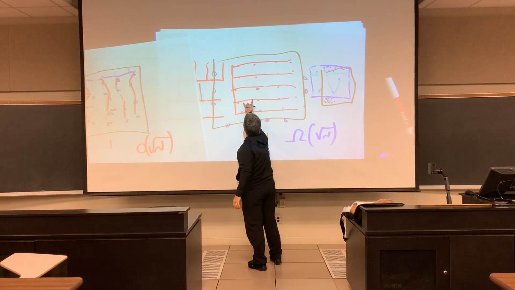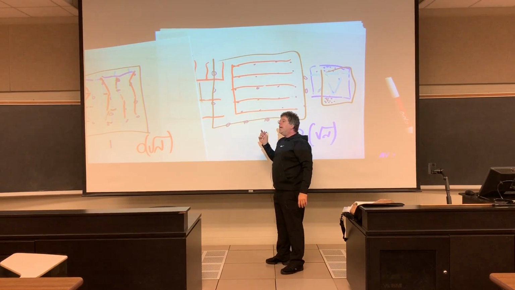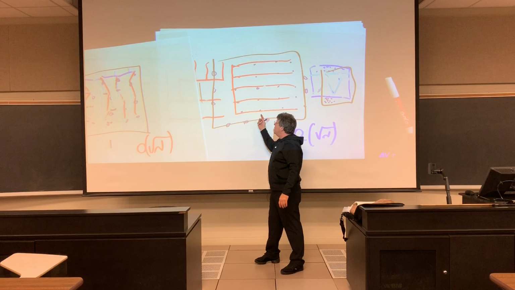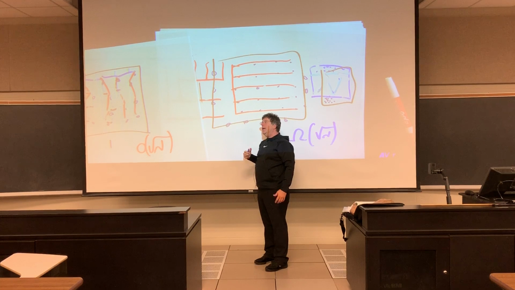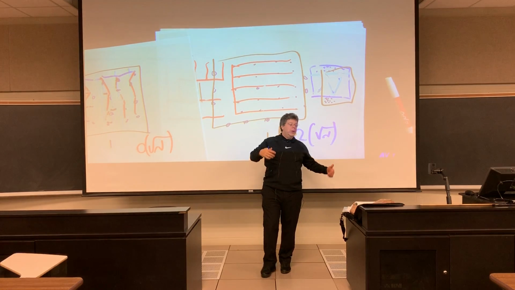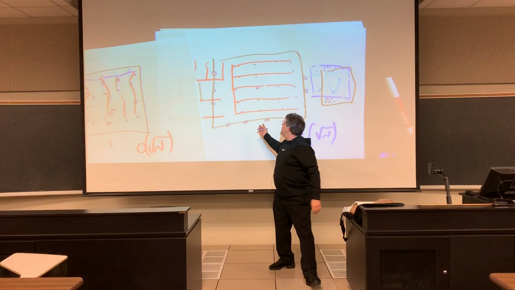So each one of those red distances is 1 over square root of n. It can't be any cheaper, because each point has to be connected to something, and the closest thing is 1 over square root of n away. And you need n minus 1 edges. So you need at least n minus 1 times 1 over square root of n, which is square root of n, asymptotically. And that's why this example is the worst case.